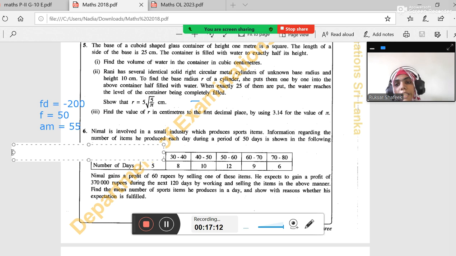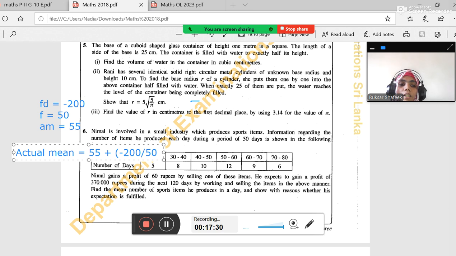So what do we need to do next, right? To find the actual mean, which is equal to the assumed mean, that is 55, plus the deviation. Now how do I find the deviation? I divide the FD total by the frequency total.